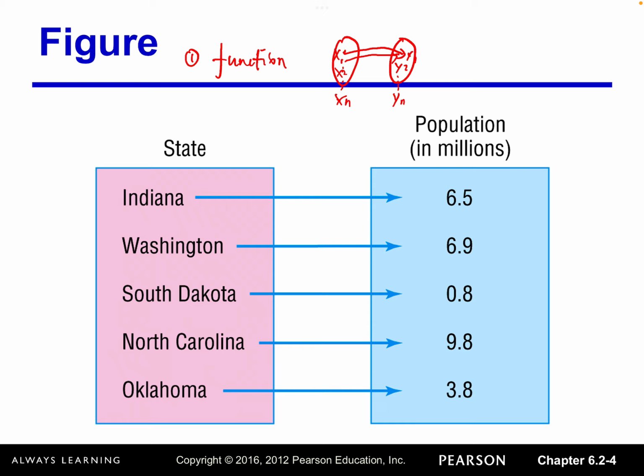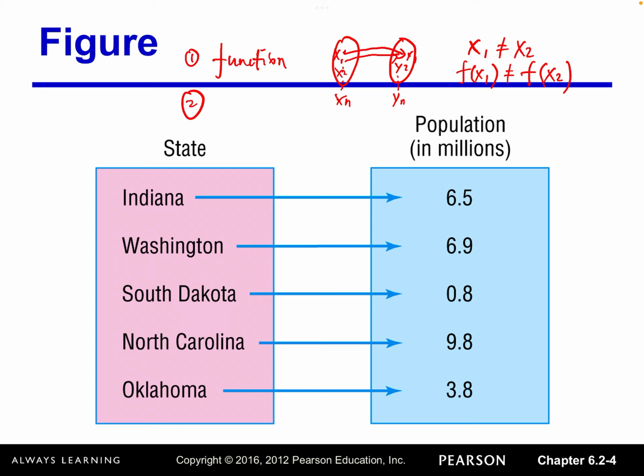But this time, a one-to-one function is a function, and at the same time we have to make sure two different inputs in the domain correspond to two different outputs in the range. In other words, both directions need to pair exactly one with one. So x1 cannot equal x2, two different inputs, and f of x1 cannot equal f of x2, so the y is also two different values.